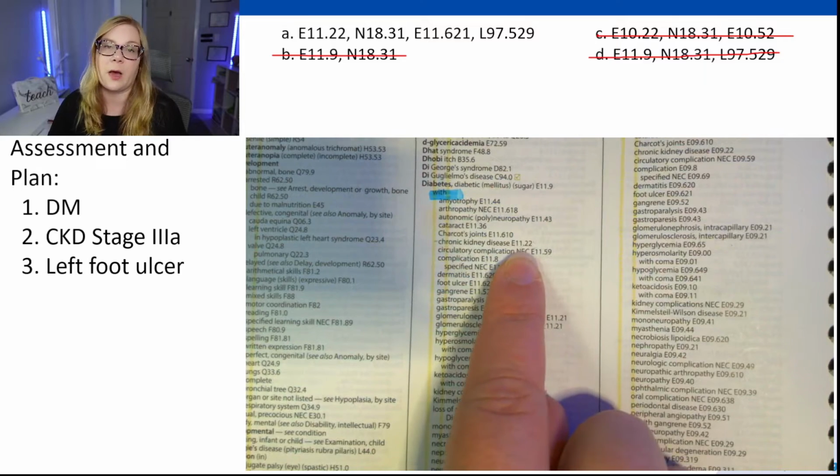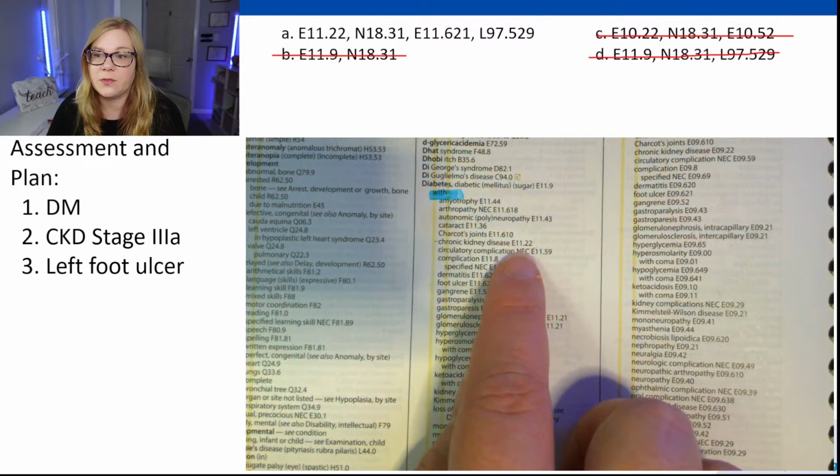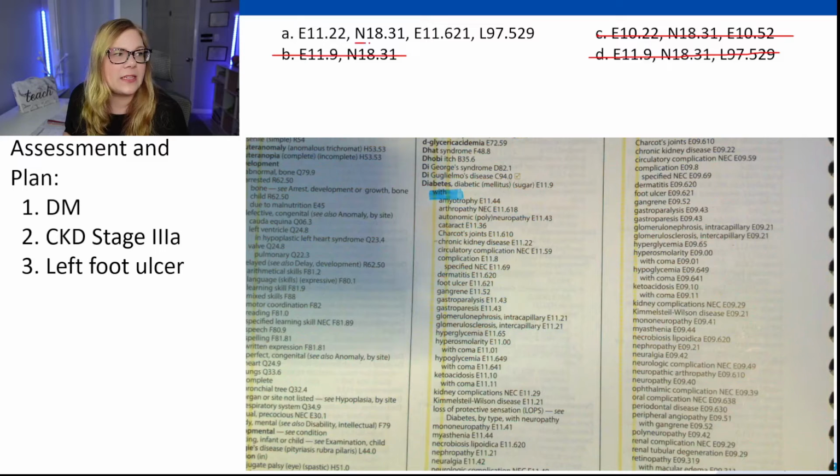If you look up E11.22 in the tabular list, it will tell you to use an additional code to specify the type of chronic kidney disease, because even though this tells us diabetic chronic kidney disease, it doesn't tell us the stage. So this code here, N18.31, verifies that stage for us. So that is the stage 3A of the chronic kidney disease.